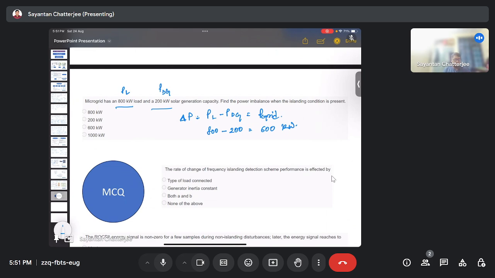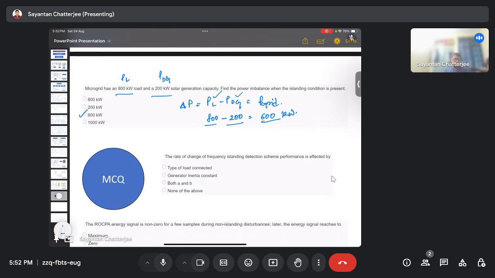Previously we have discussed that the delta P in the microgrid is catered by the load and the DG, and the rest would be delivered by the grid. So here 800 is the load, DG is delivering 200 kilowatt, so the remaining 600 kilowatt has to be delivered by the grid.